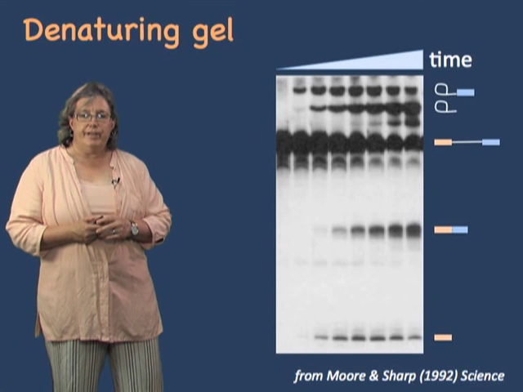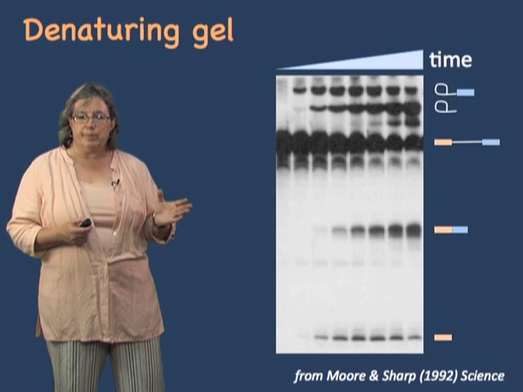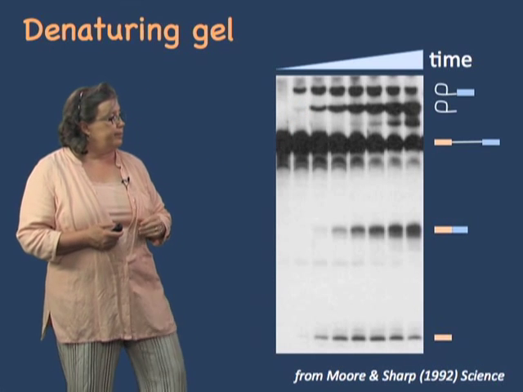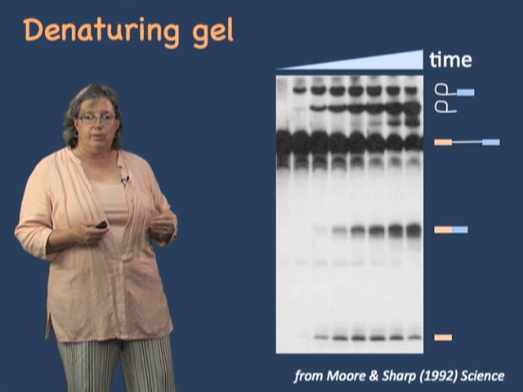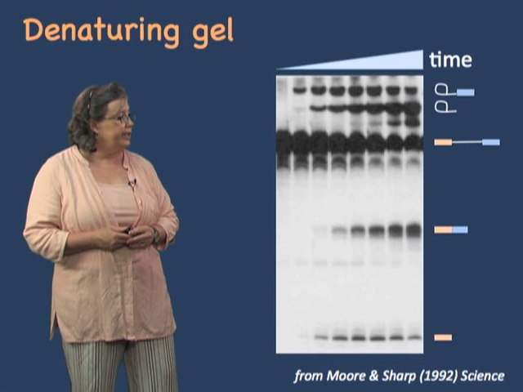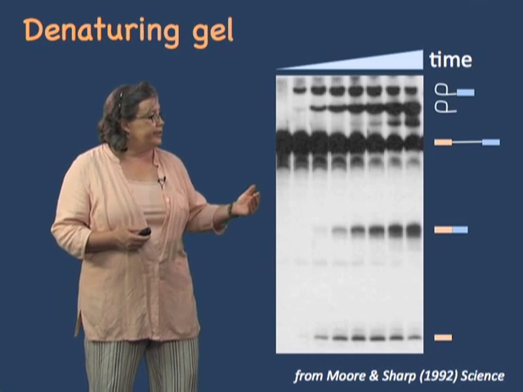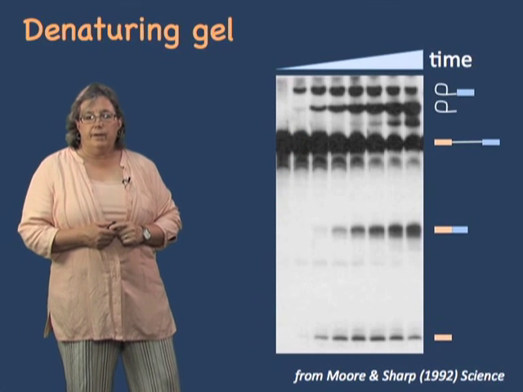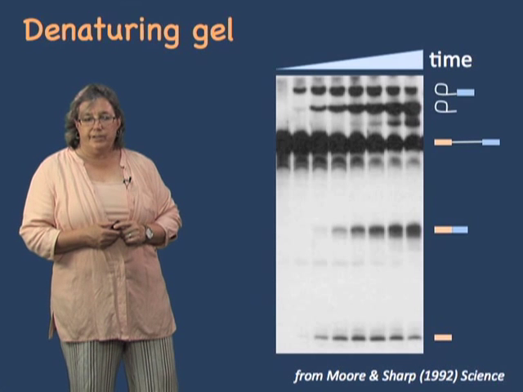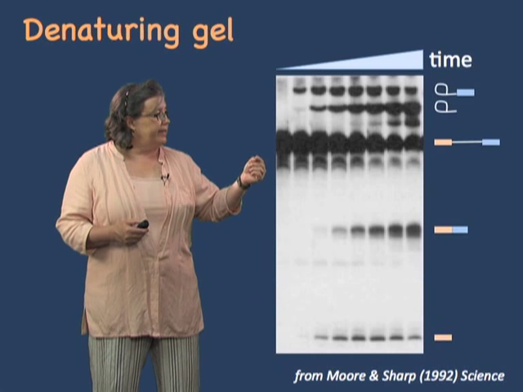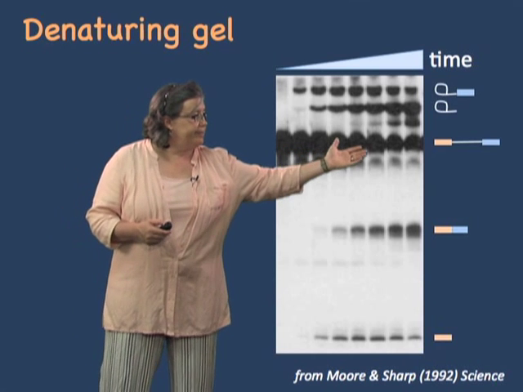If we then take those splicing reactions and take out time points, and then purify the radioactive RNA and run it on a denaturing gel, in this case a pretty high percentage denaturing gel, what we can see over time, and this time course goes from about 0 to 60 minutes in vitro, is the substrate gradually disappear.